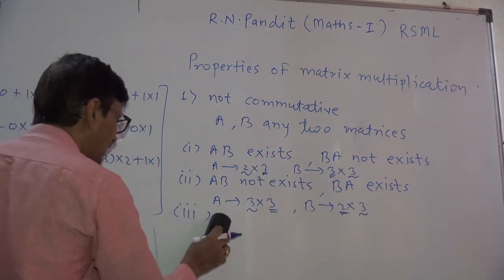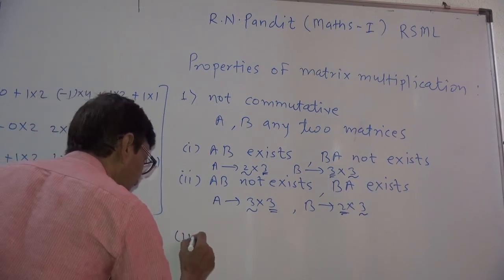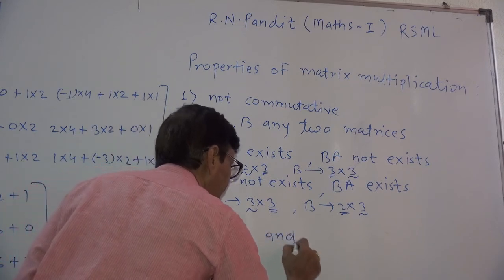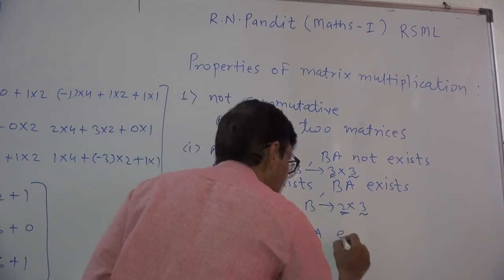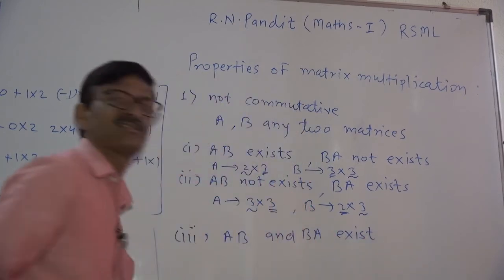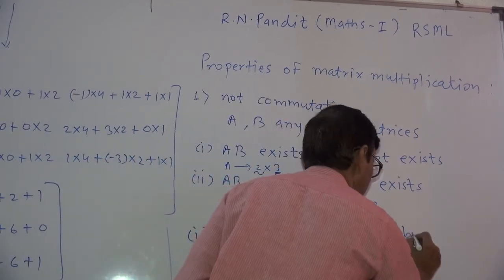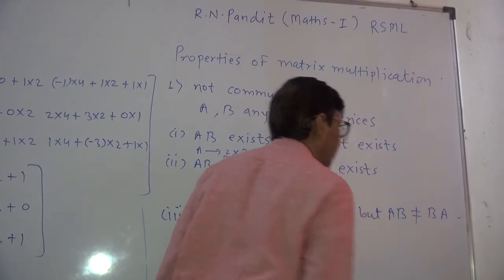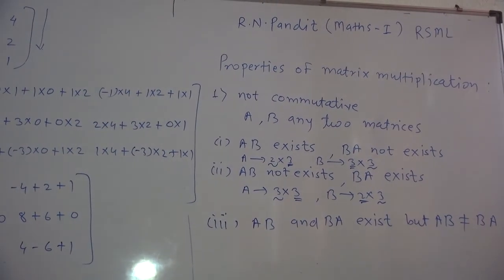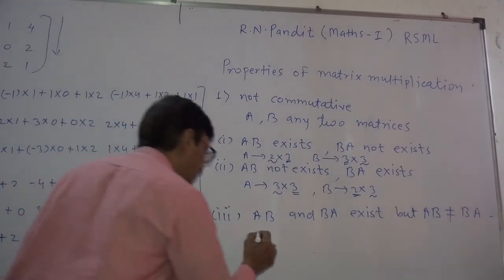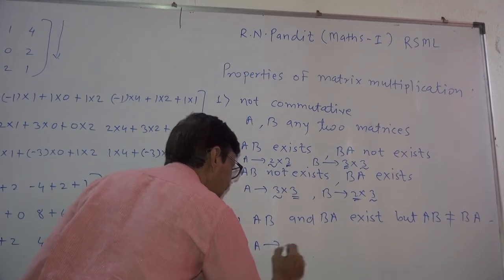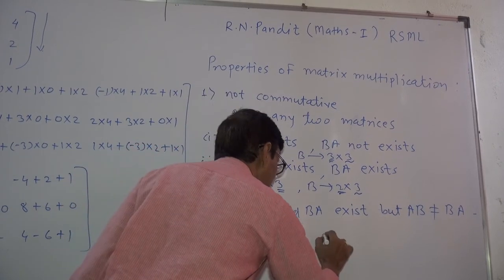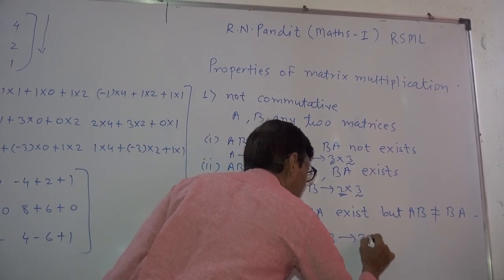Now what is the third situation? Product AB and BA both exist, but AB not equal to BA. For example, suppose A is of order 2 by 3 and B is having order 3 by 2.